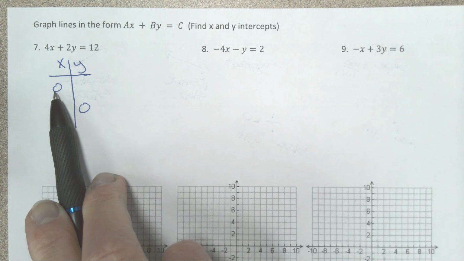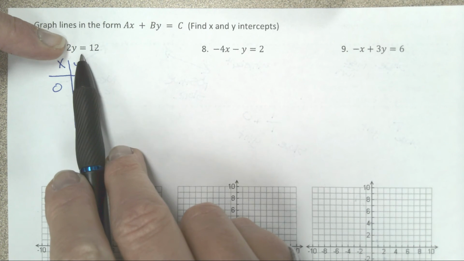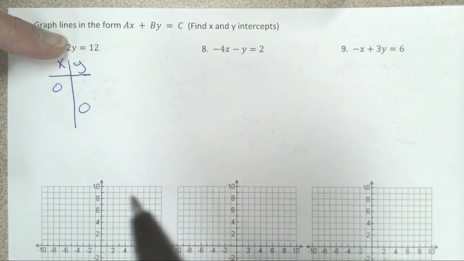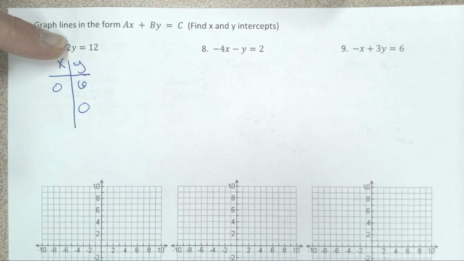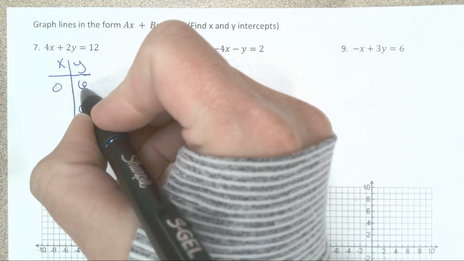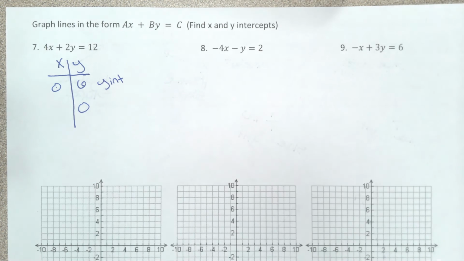When I set x equal to 0, 4 times 0 is 0, so that's why we call it the cover-up method. You just cover that part up, and then you just have to solve the rest of it. 2y equals 12, divide both sides by 2, and y equals 6. So (0, 6) will be your y-intercept.